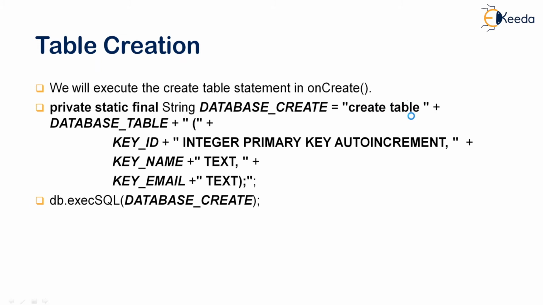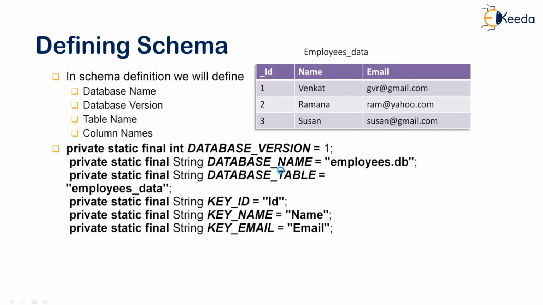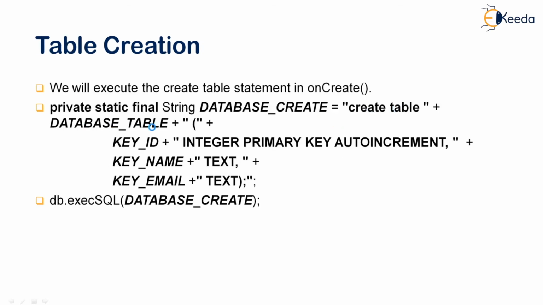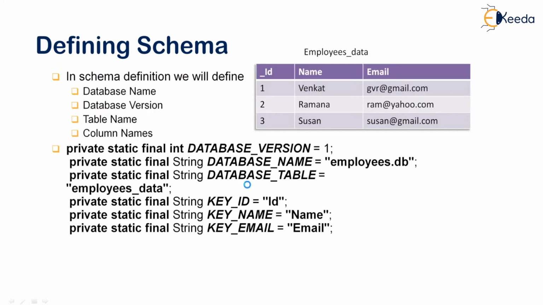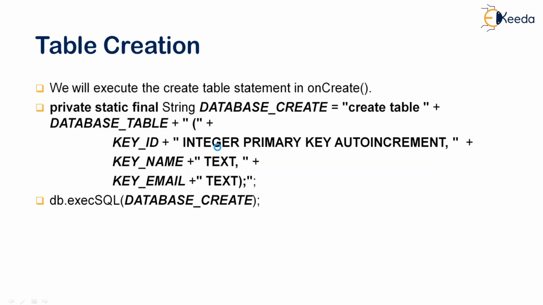Now, CREATE TABLE, table name, which I have already defined in the schema. The table name is nothing but the database table, so it will take the employees table, comma, then column 1, nothing but KEY_ID, which is already given. And here I'm setting the type for that. It is an integer type, primary key, because it's going to play a crucial role for us, and auto increment.